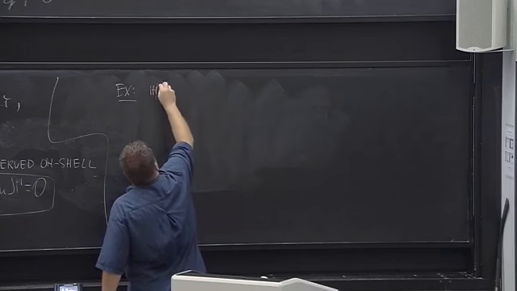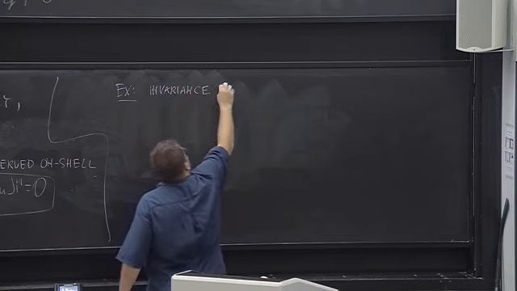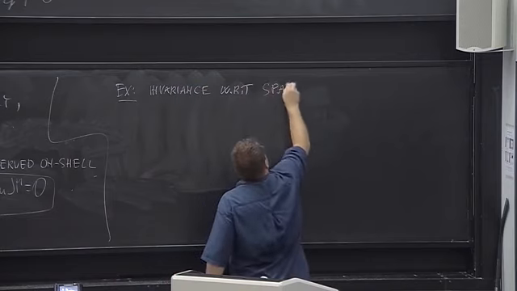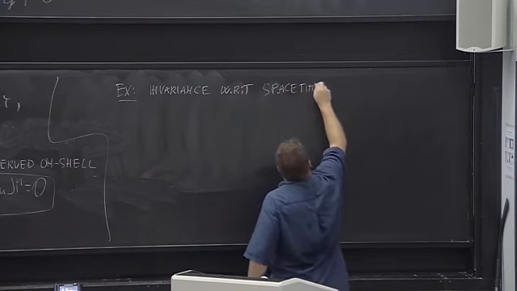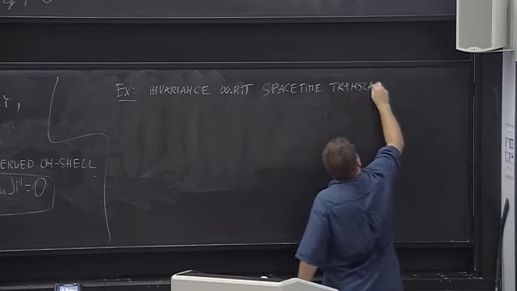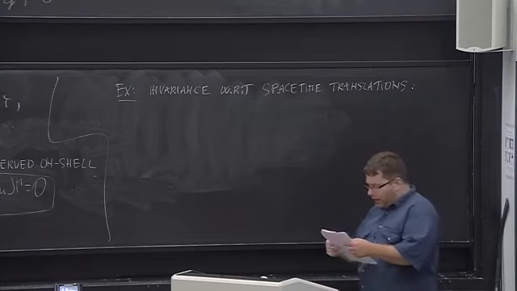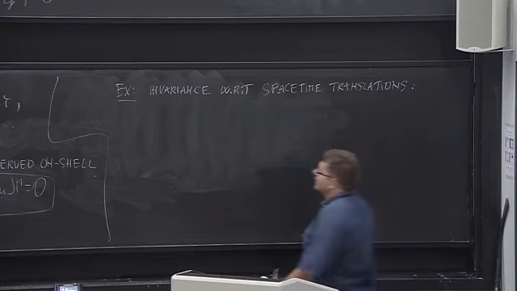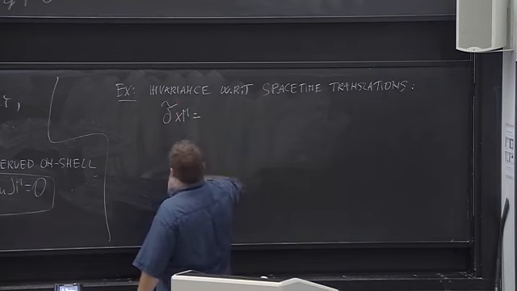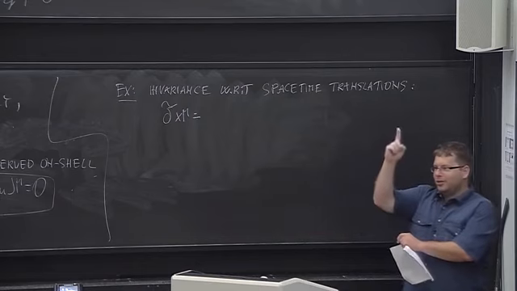So invariance with respect to space-time translations. What I mean by this is that my delta tilde of x mu is, I can now shift in space, and now I can shift in time.